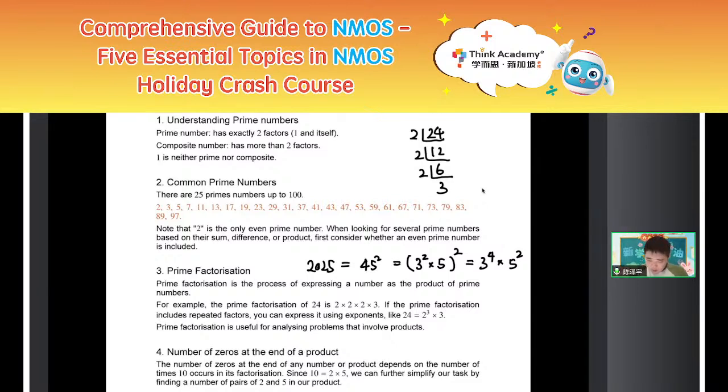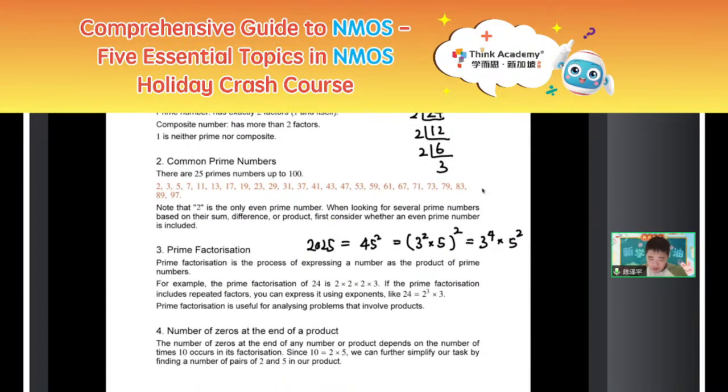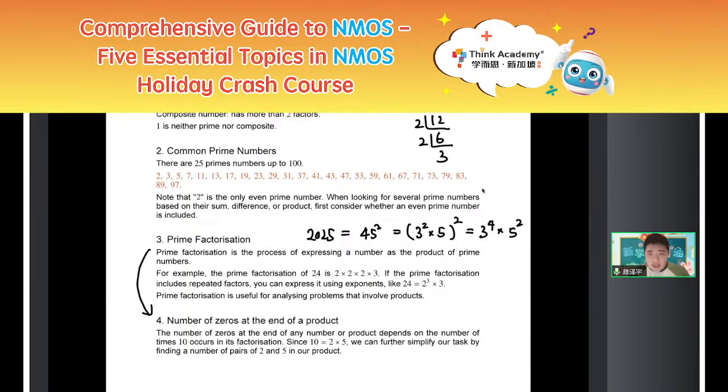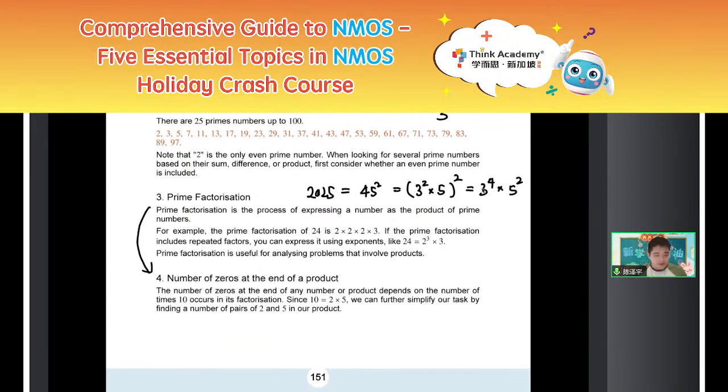Right. So the prime factorization also leads to a very common question, that is the number of zeros at the end of the product. Now, guys, think about this question first. What kind of number will end with a zero?